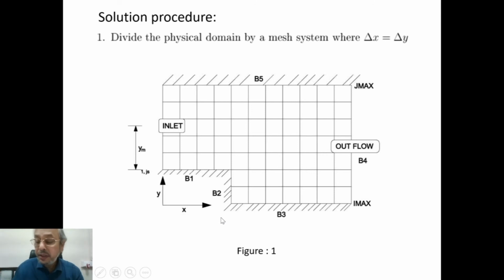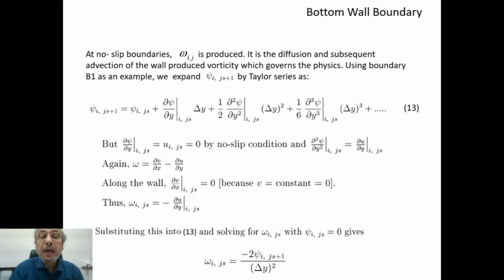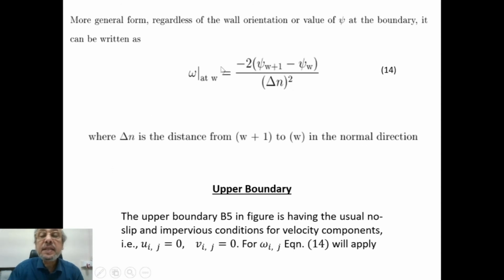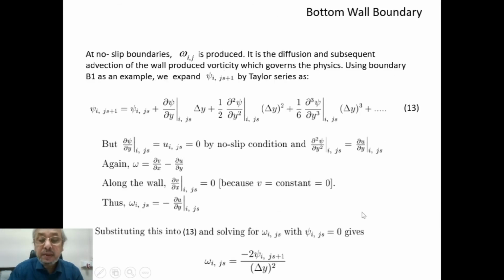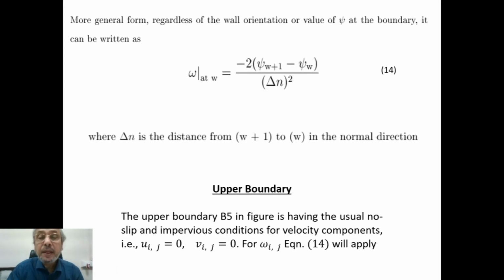So to generalize this, instead of saying minus twice psi(i, j+1) by delta y square, we can say minus twice psi at the neighboring point of the wall.